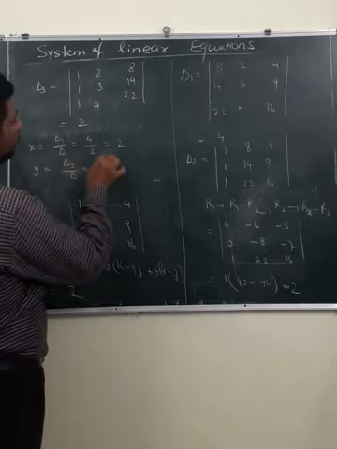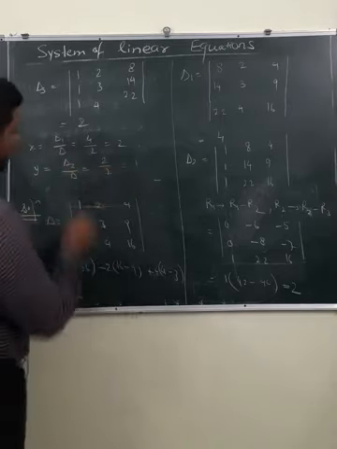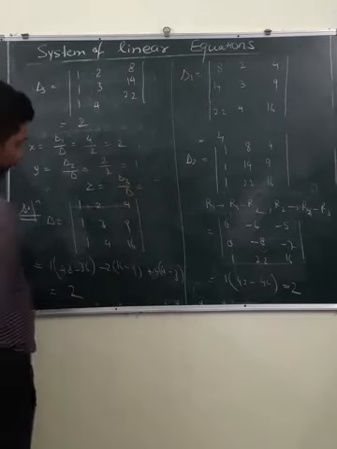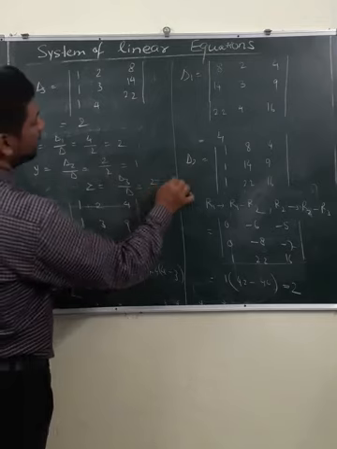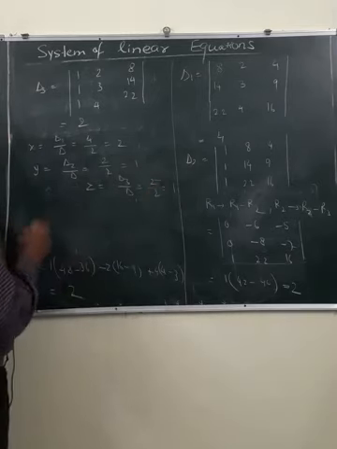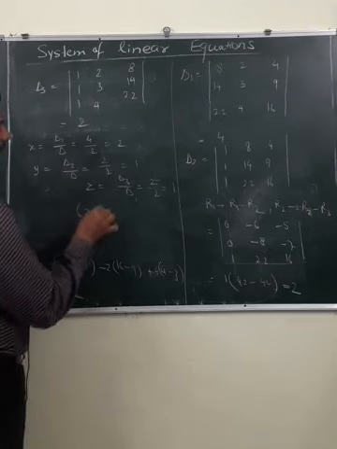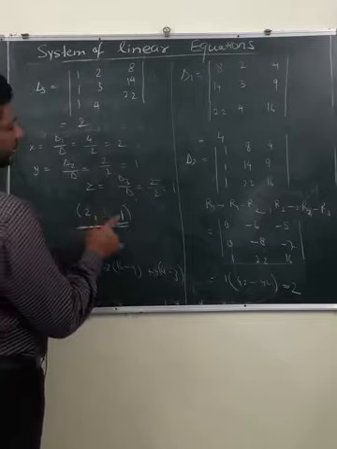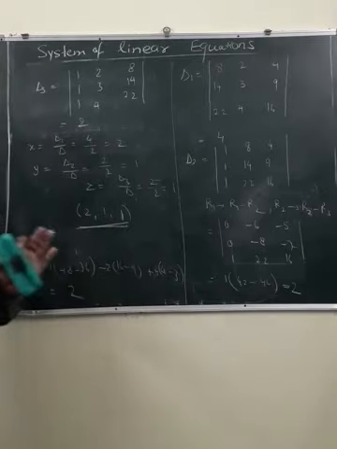Delta 2 is how much? 2 by 2, that means 1, and z is equal to delta 3 by delta, and it will be 2 by 2, that means 1. So, system has unique solution, single triple will satisfy all these three equations. 2, 1, 1. This is x, this is y, this is z. Thank you.